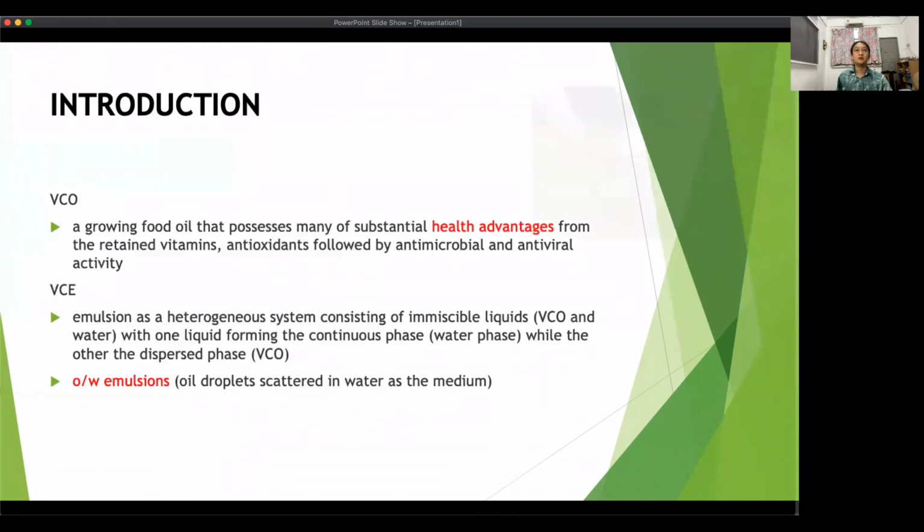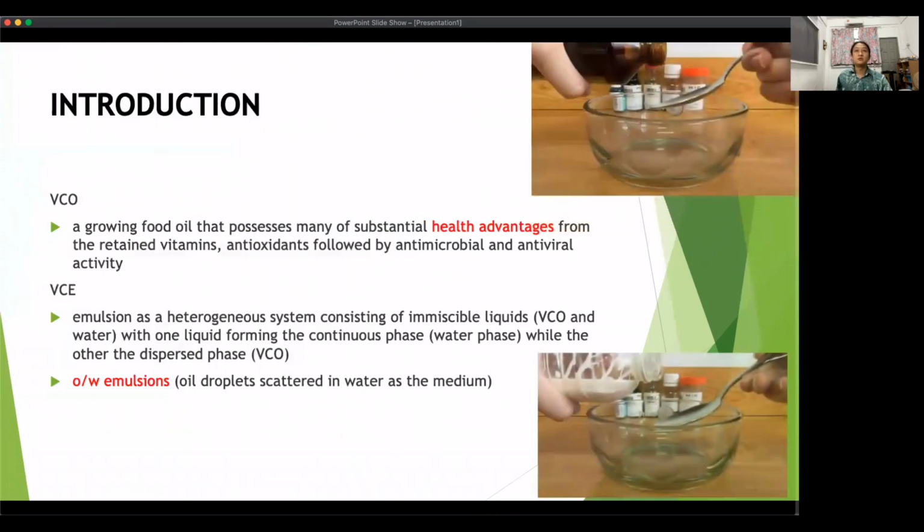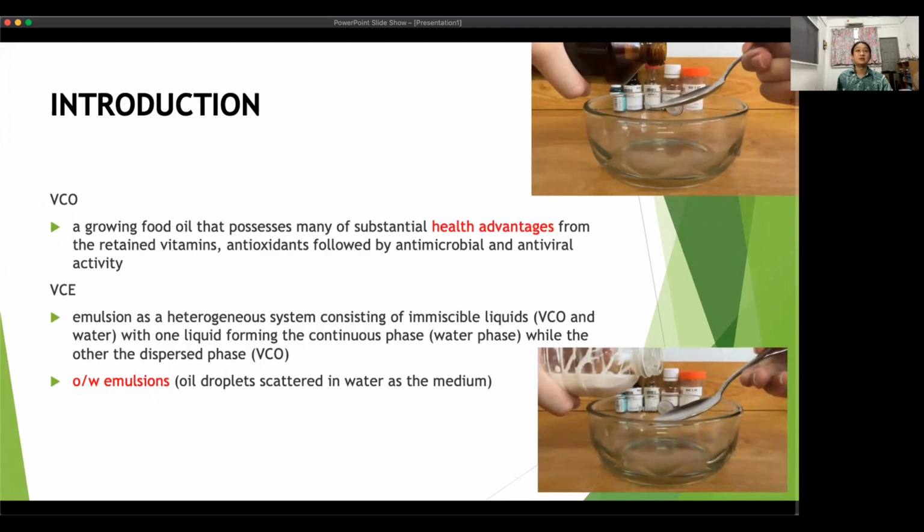Virgin coconut oil is well known for its health benefits such as antioxidant, antimicrobial, and antiviral, which is very famous for VCO. On the other hand, what is VCE?